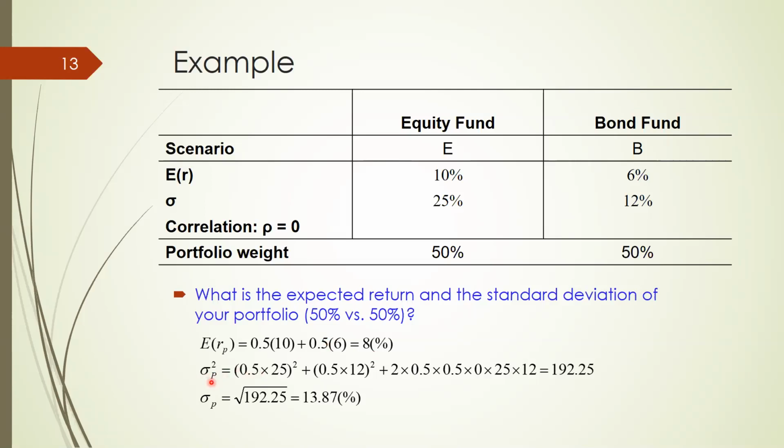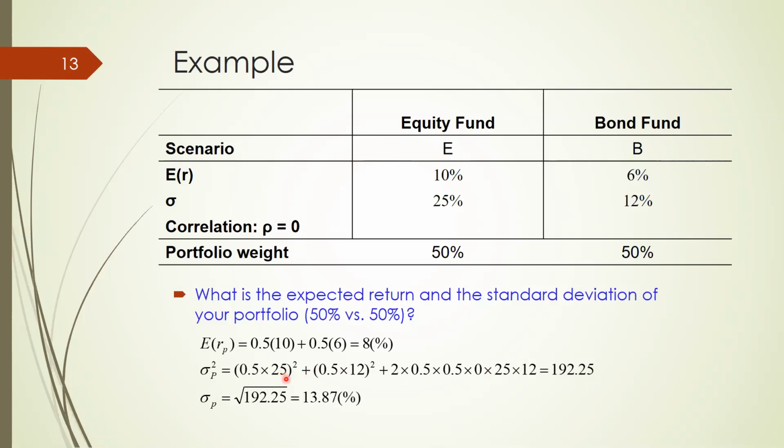For variance, we're going to plug in omega-1 sigma-1 squared plus omega-2 sigma-2 squared plus 2 times omega-1 omega-2 times the correlation coefficient times sigma-1 sigma-2. As the correlation coefficient is 0, the covariance term becomes 0. So we have the variance of the portfolio equal to 192.25.